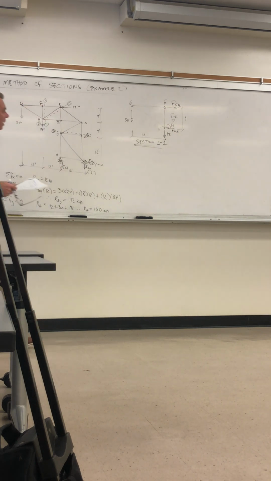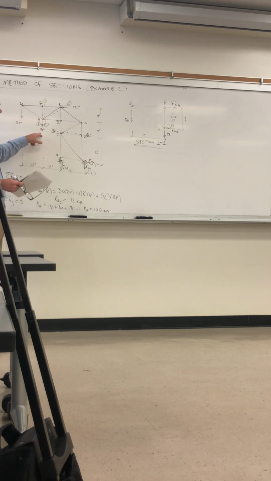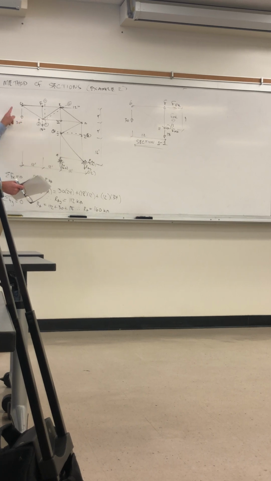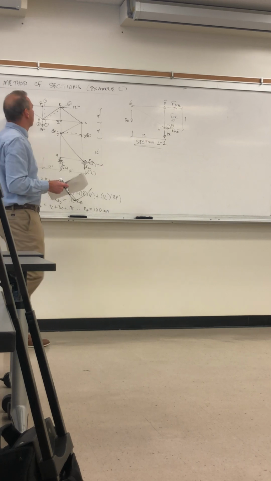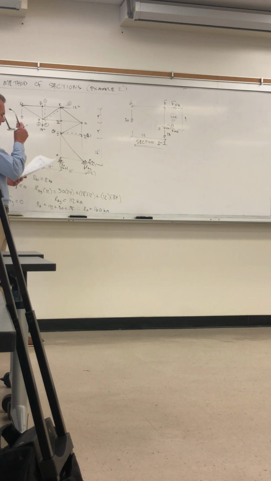We're taking the section cut just to the right of F and H. So I'm including, because to find it just to the right, not just to the left, we have to include the 18 kips. So make sure it's applied directly at H. And we also have 30 kips down at G. Now I'm solving, so I cut through FE.